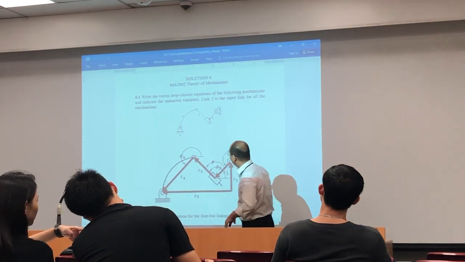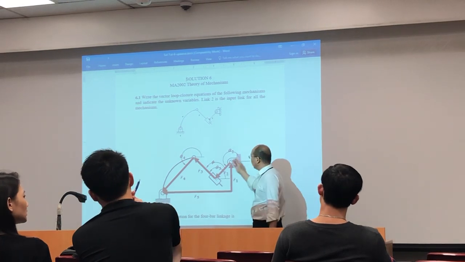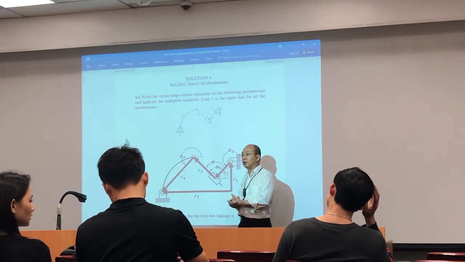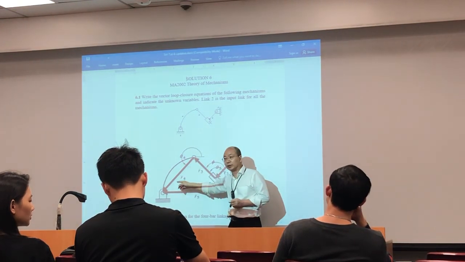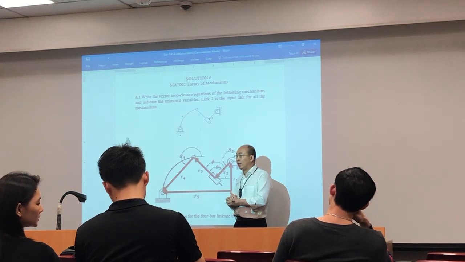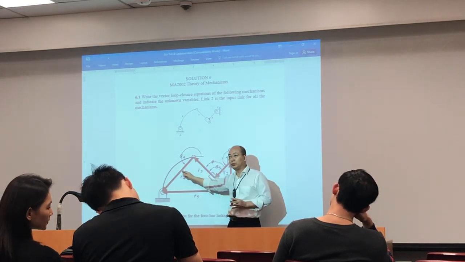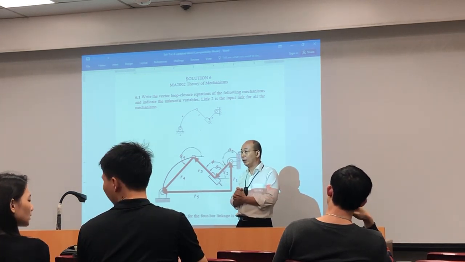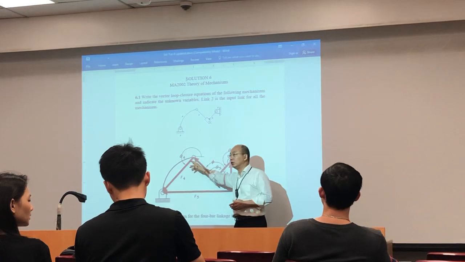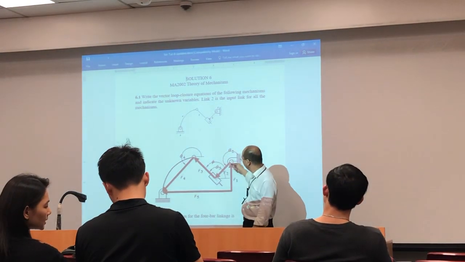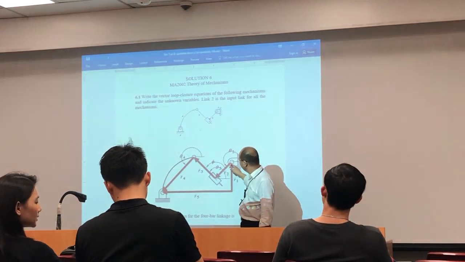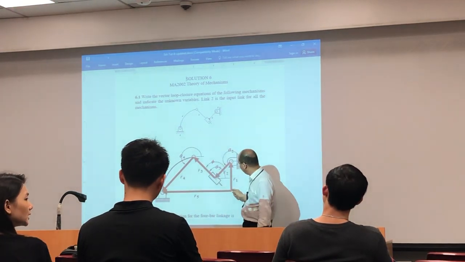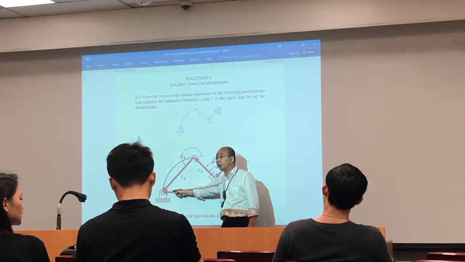Okay, so now you can say, after we represent each of the links by a vector, then we have a vector closed loop, correct? Now for this vector closed loop, we can write a mathematical equation to represent this vector loop. You can see this is vector R1, vector R2, vector R3 plus vector R4 will be equal to vector R5, correct?